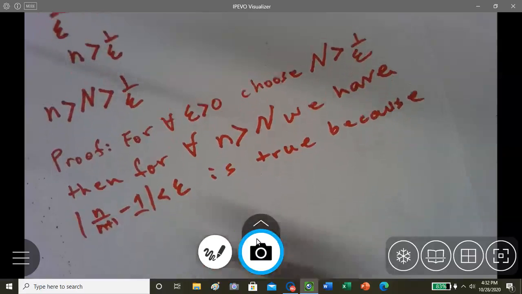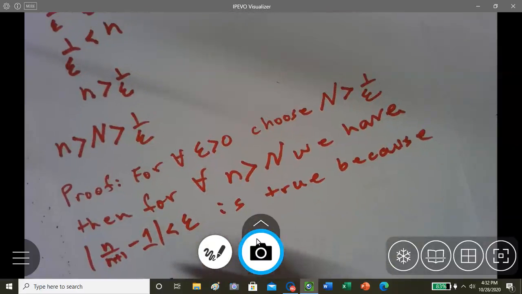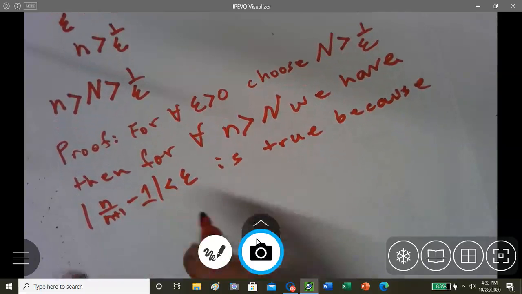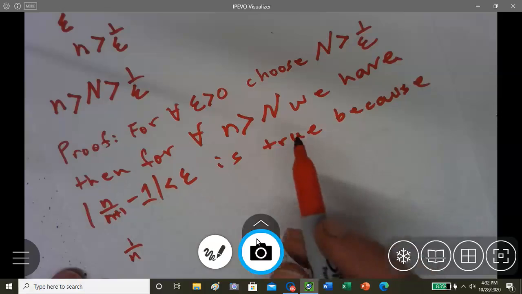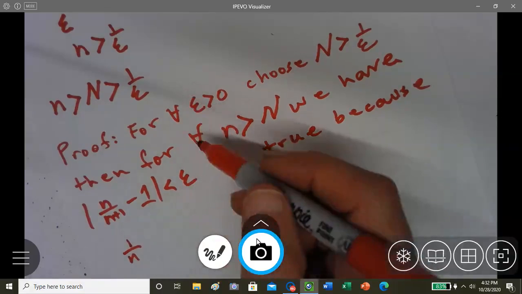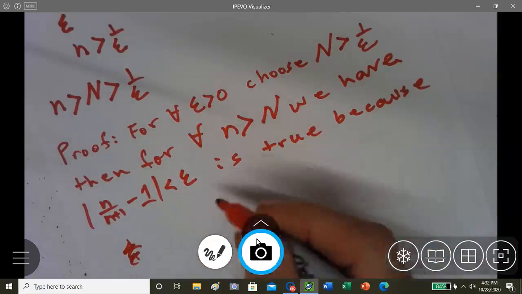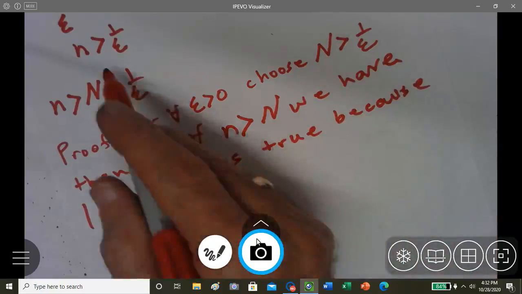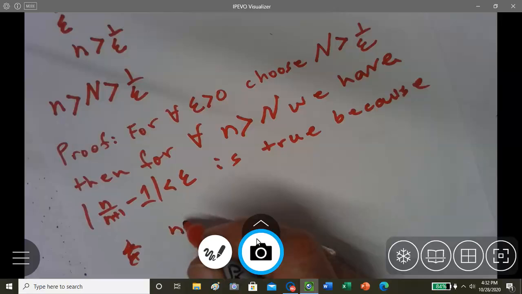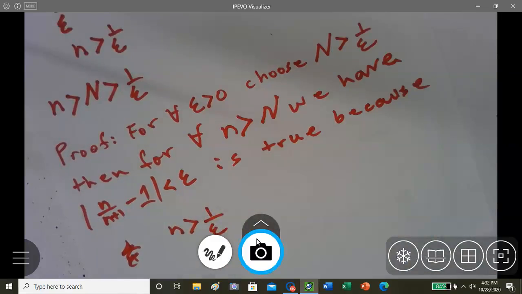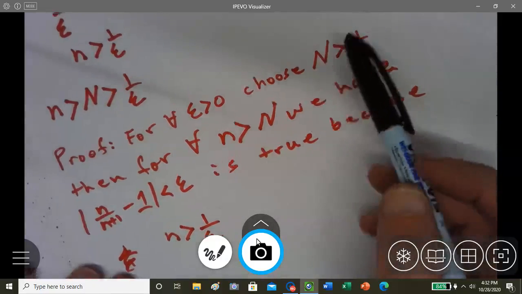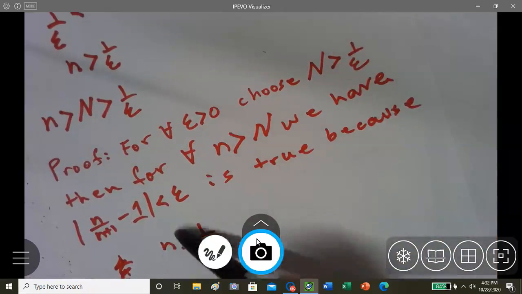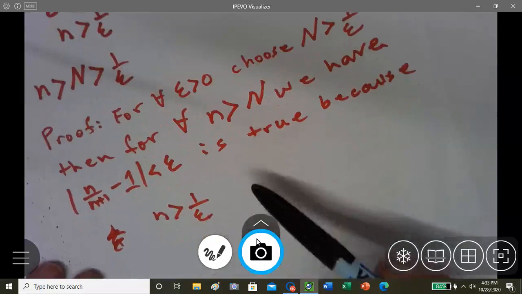and then now this is where we work backwards. We have here 1 over n is, so since we said that our boundary N is greater than 1 over epsilon, then our sequence n is definitely going to be greater than 1 over epsilon.